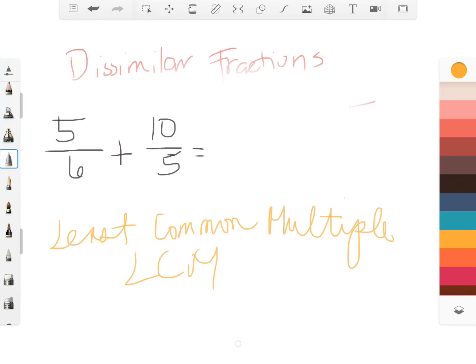To find that, if it involves only small numbers, all you have to do is multiply 6 and 5. So 6 times 5 equals 30.